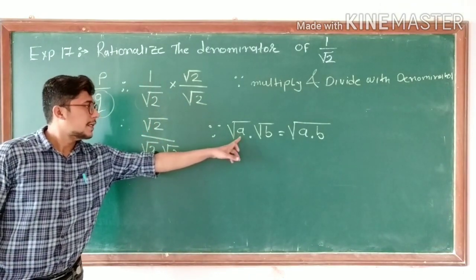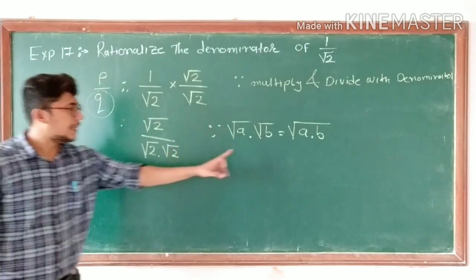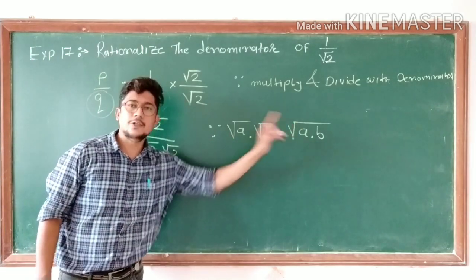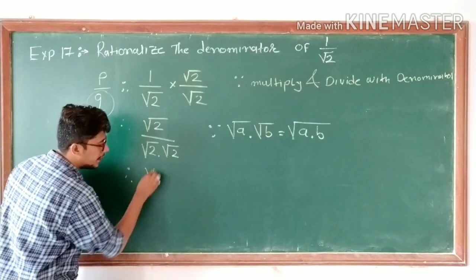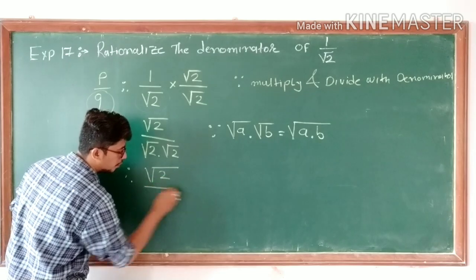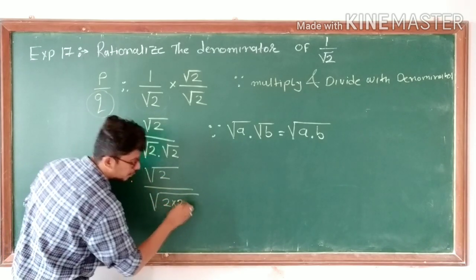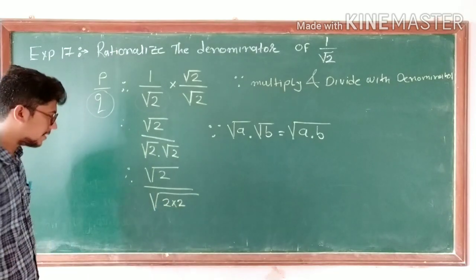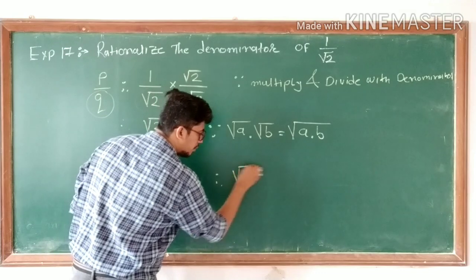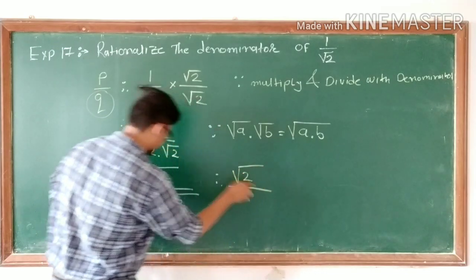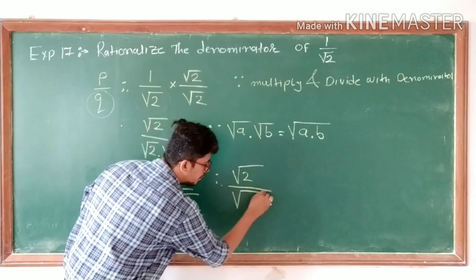So since here a is 2, b is 2, can we write square root of 2 into 2? So this value can be changed into the form of square root of 2 divided by square root of 2 into 2. Yes or no? Yes. So we can write square root 2 as it is in the numerator, and 2 into 2 is square root of 4.